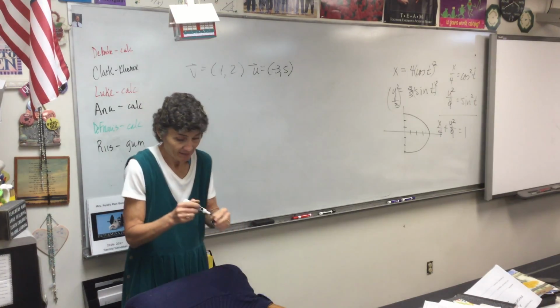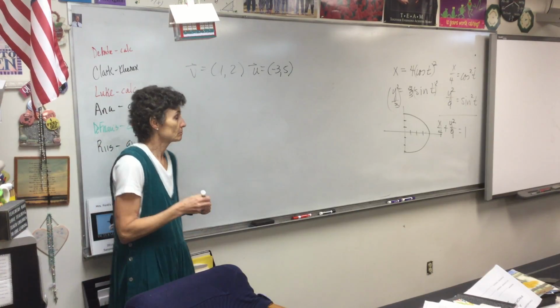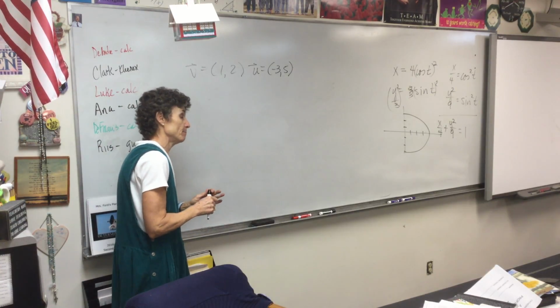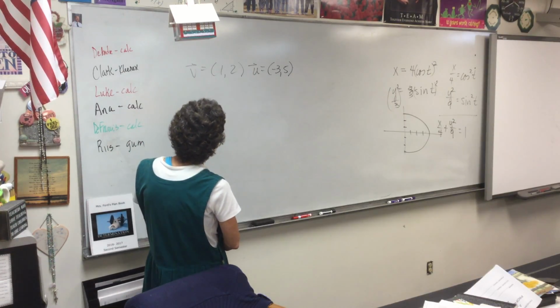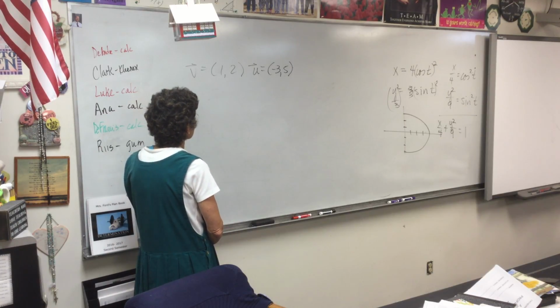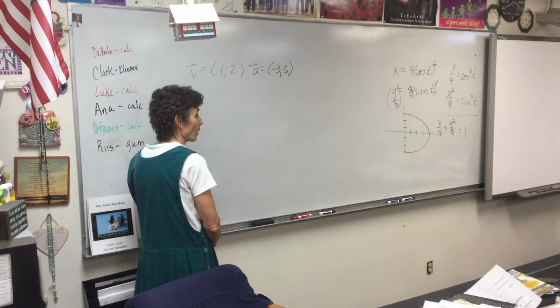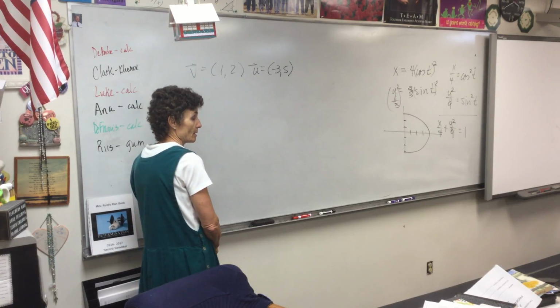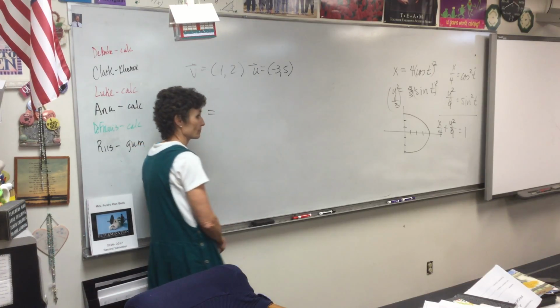We need to find the angle between those. So what do we need? The dot product. What's the dot product of those? Boys and girls, x times x, y times y, add them up. We get 7. So the dot product is 7.